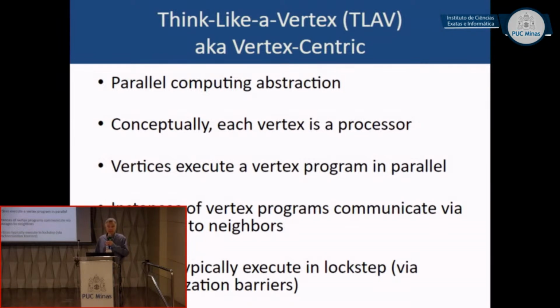Conceptually, every vertex is a processor, and the vertices all execute in parallel from each other. Running a so-called vertex program is the same program for all vertices. And the instances of these programs running on the vertices communicate with each other via messages that they send to or receive from neighbors. And the vertices typically execute in lockstep via synchronization barriers.